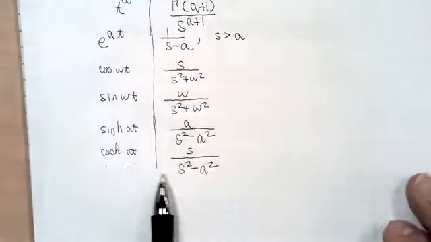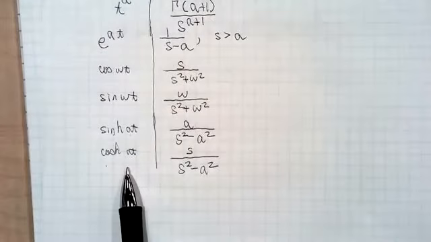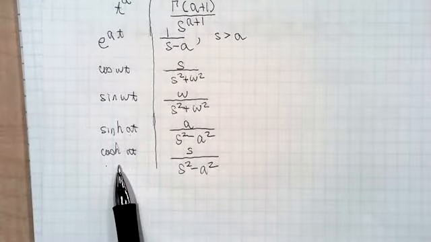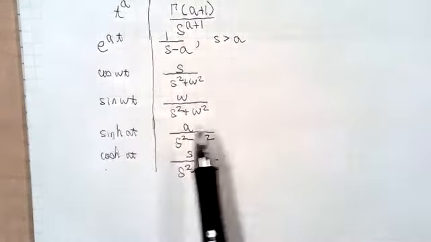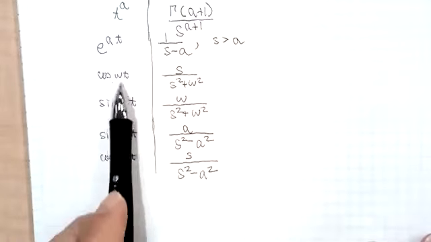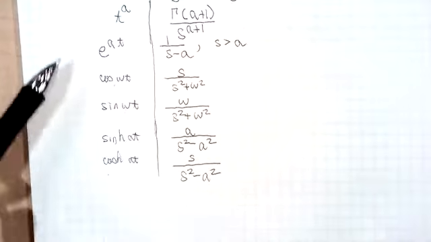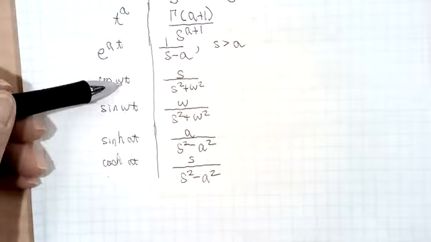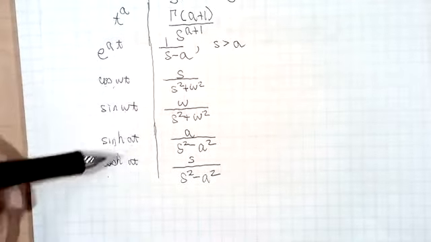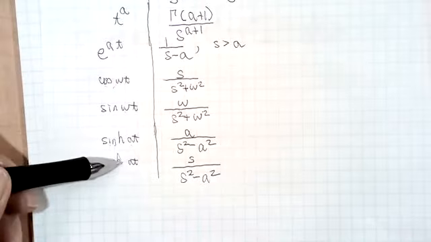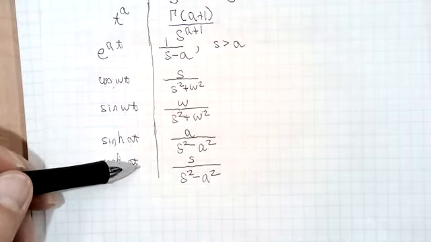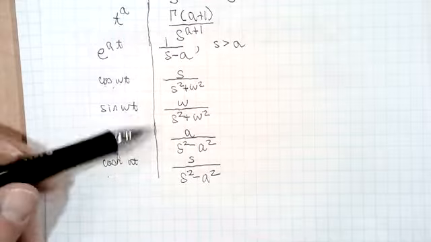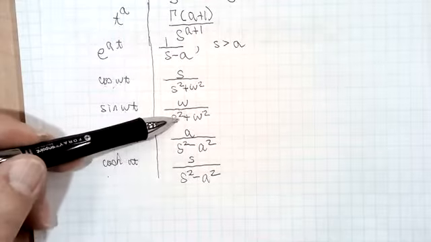I picked this trick up. It's a memory trick from Kreyszig. I was not so clever as to think of this myself. Notice this is straight out of Kreyszig. He does cosine omega t and sine omega t, but sinh of at and cosh of at. I like that because it helps you keep these formulas straight.